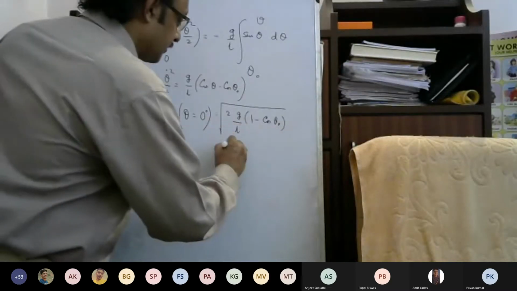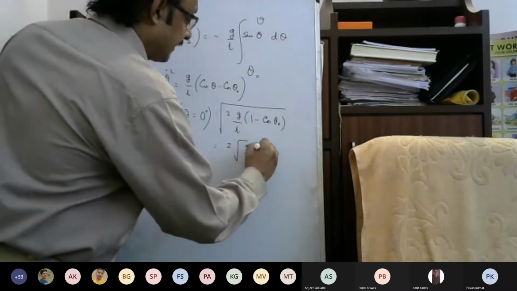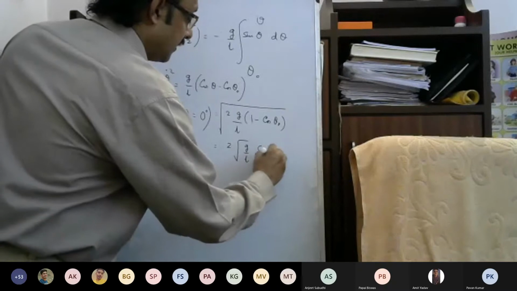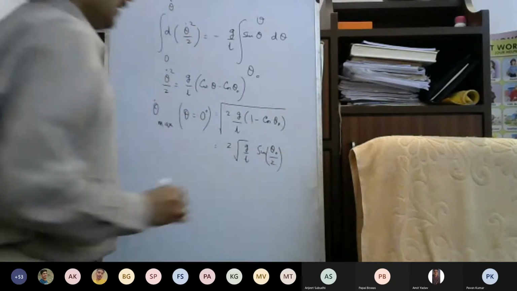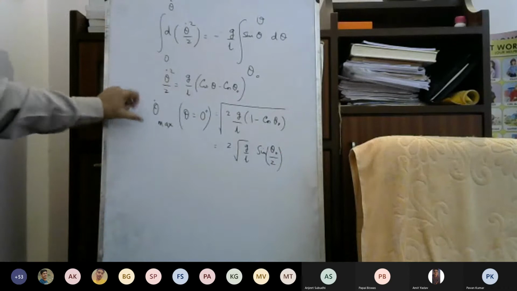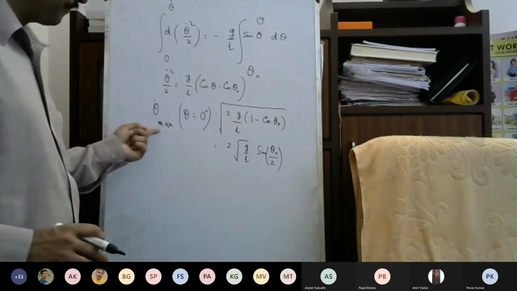So therefore this is 2 under root g by L, and this becomes equal to sine theta naught by 2. So this is what we have. The maximum value of theta dot will be like this.